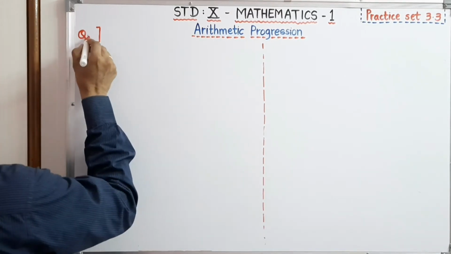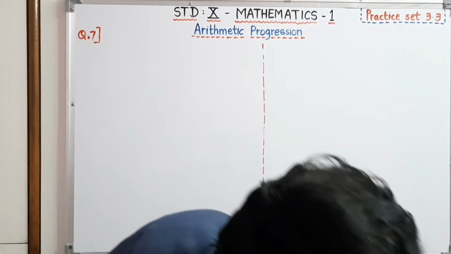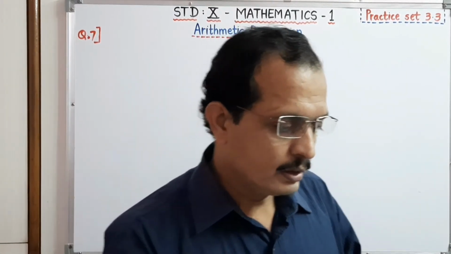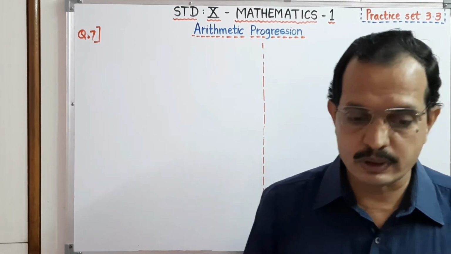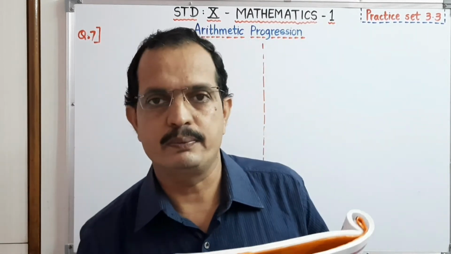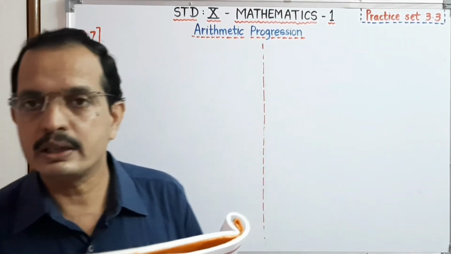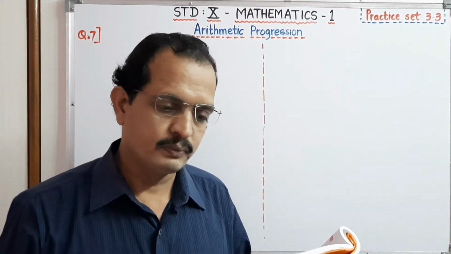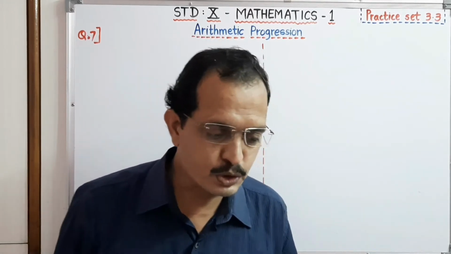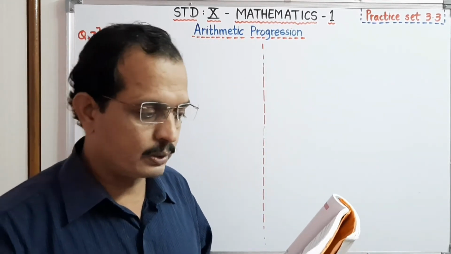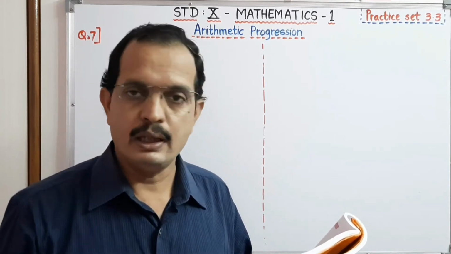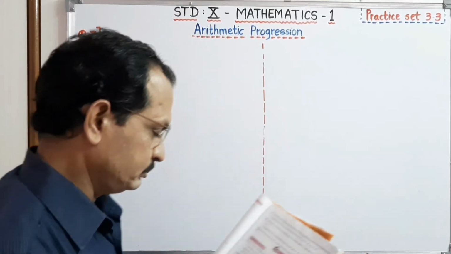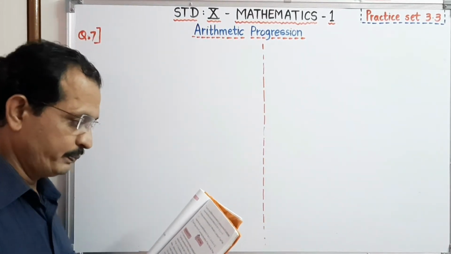Question number 7 is there. Now says 7th one. In an AP, sum of 3 consecutive terms is 27 and their product is 504. Find the terms. One note is given. Assume that 3 consecutive terms in AP are A minus D, A, A plus D. See what is given.